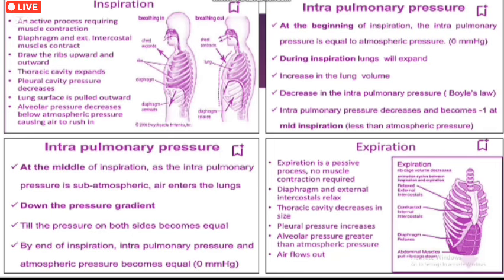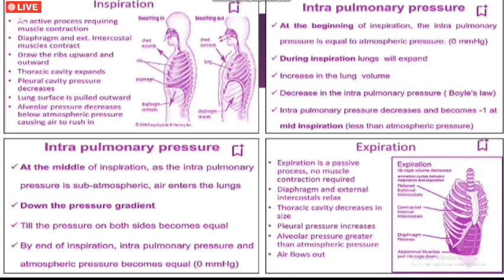How about the pulmonary pressure or the alveolar pressure? What happens to the alveolar pressure? Yes. The alveolar pressure moves greater than the atmospheric pressure. What is the value for the pulmonary pressure? 0 millimeters of mercury.